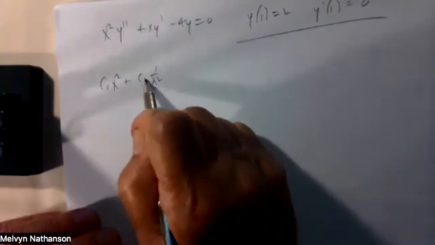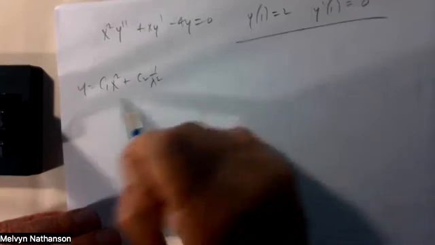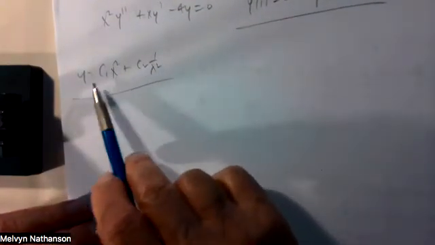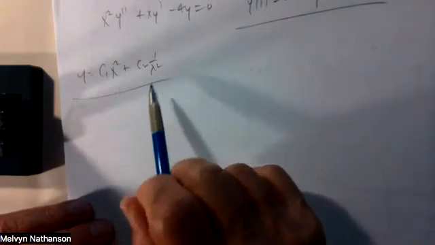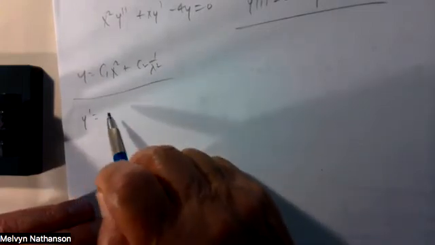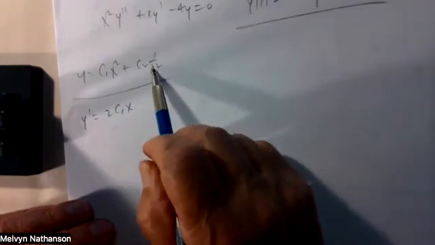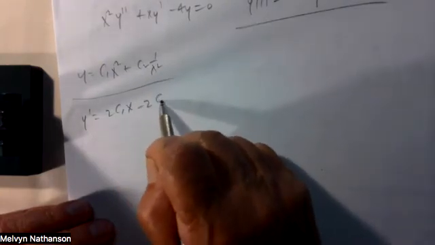So I know that x squared and 1 over x squared are solutions of this equation. So if I take any linear combination of them, this will also be a solution. And if y is c1 x squared plus c2 1 over x squared, y prime is 2c1 x. The derivative of x to the minus 2 is minus 2 x to the minus 3.